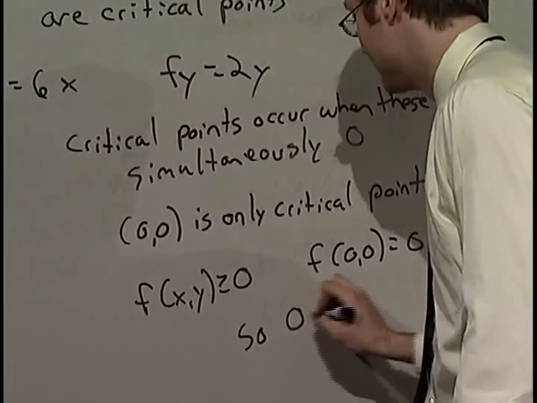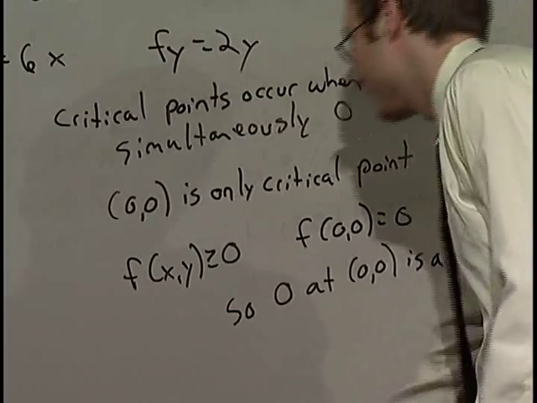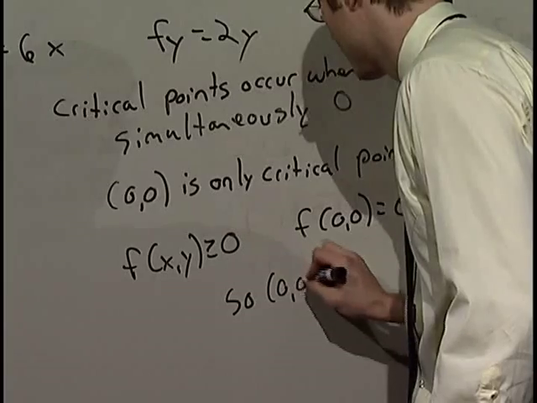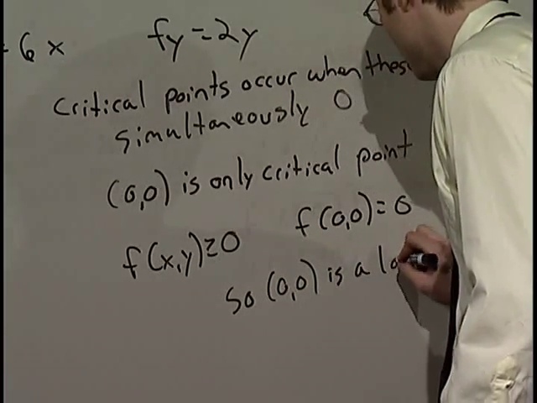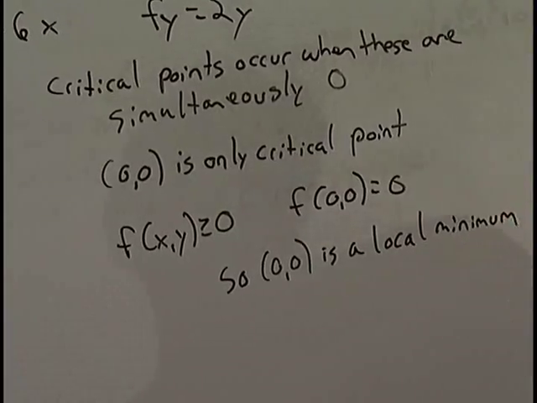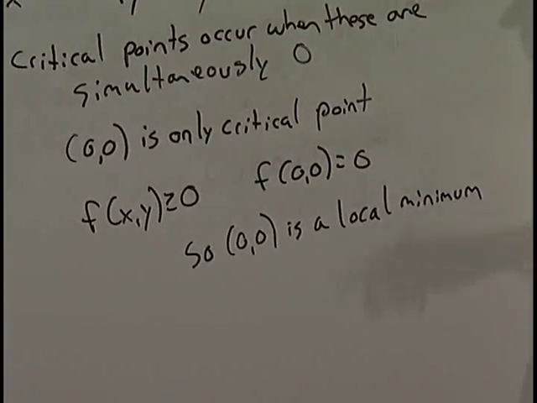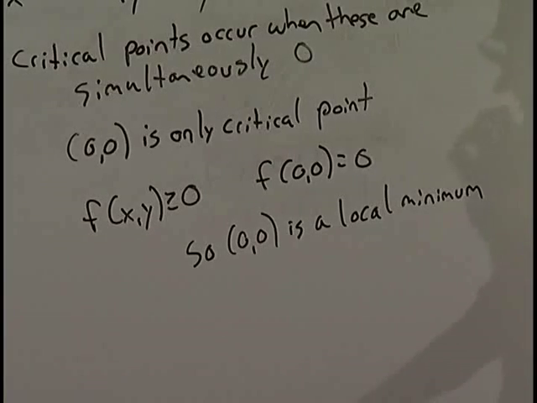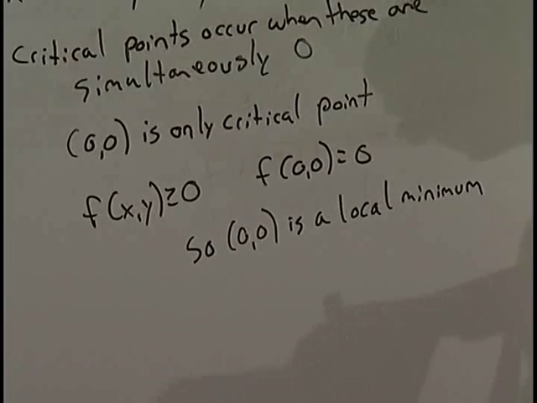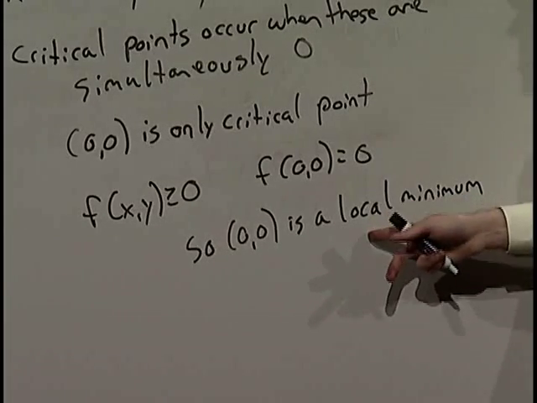So (0, 0) is a local minimum. And in fact, this is the absolute minimum of the function. It's the lowest the function goes, but for us right now, local minimum is fine. Absolute mins are always local mins too, not vice versa, but this is definitely the case. Okay, so there's one local extreme, it's (0, 0), it's a local minimum.